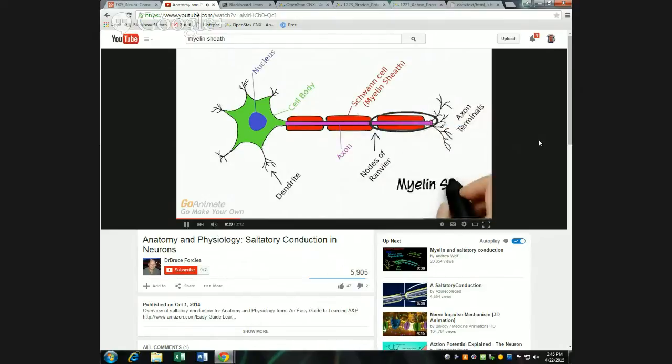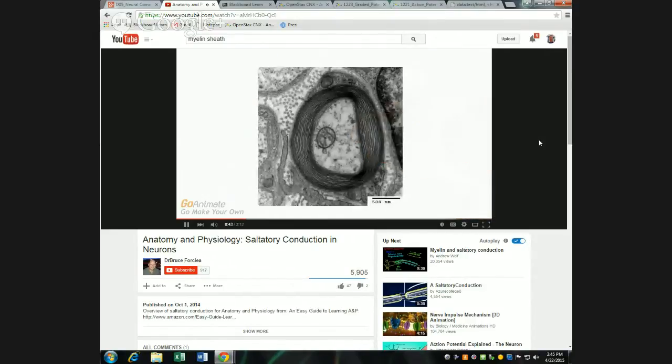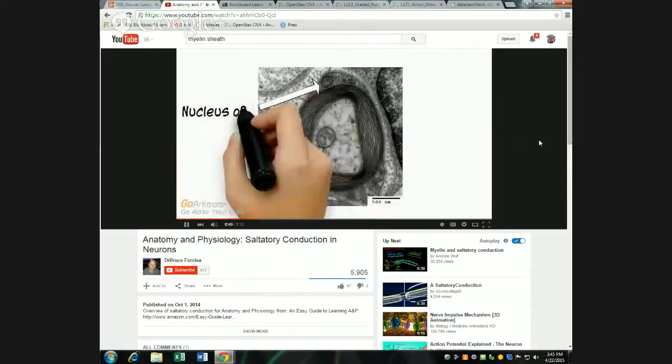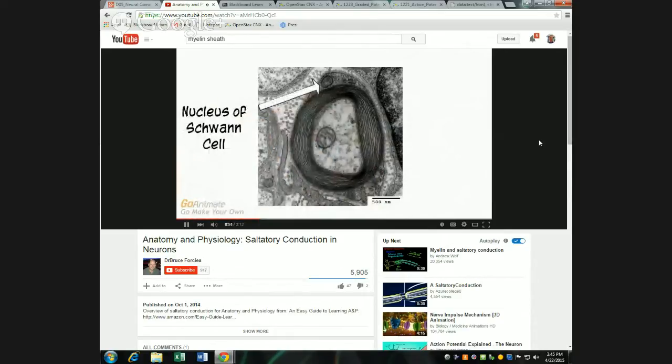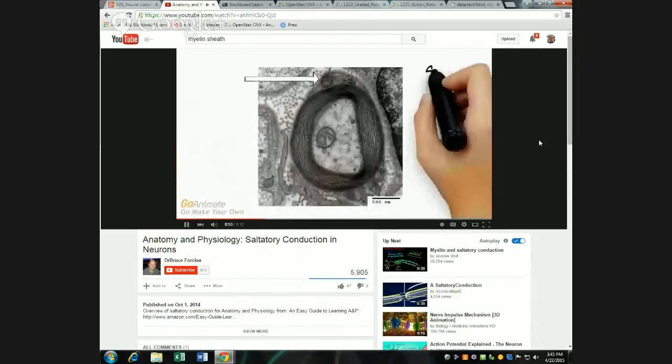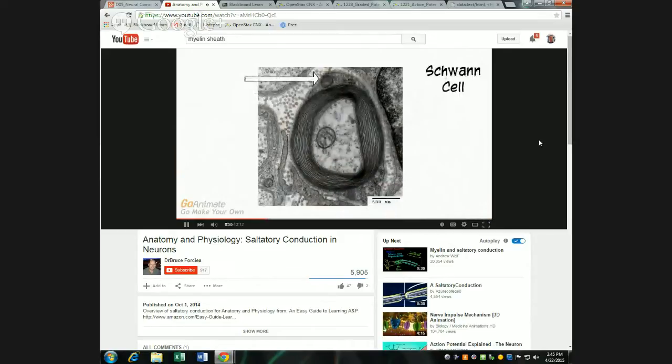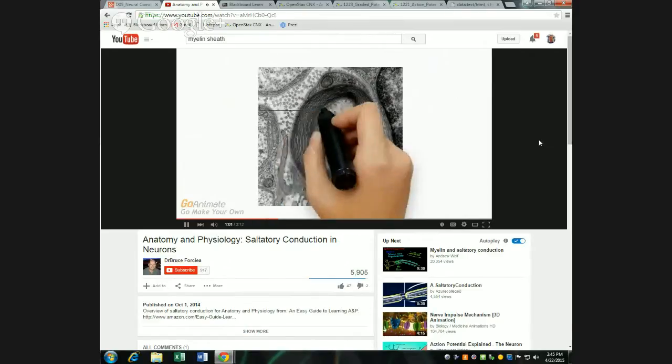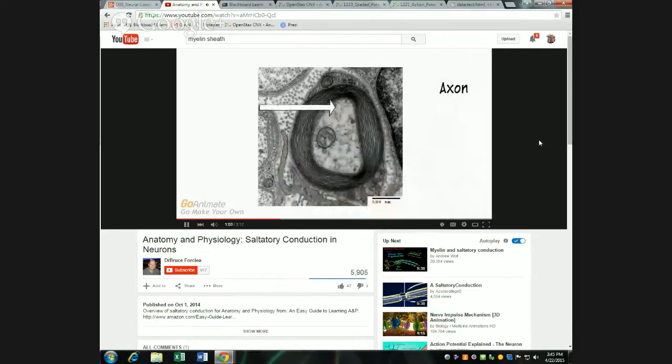Let's take a closer look at the myelin sheath. Here is an electron microscope picture of an actual myelinated axon. We can see the nucleus of the Schwann cell, the cell itself, and the axon on the inside. Notice how myelin wraps around the axon.